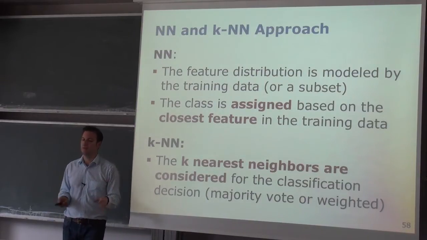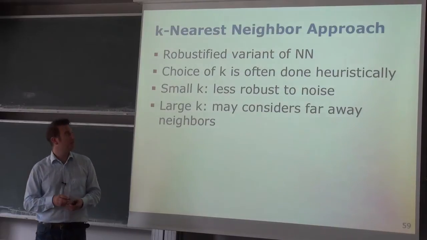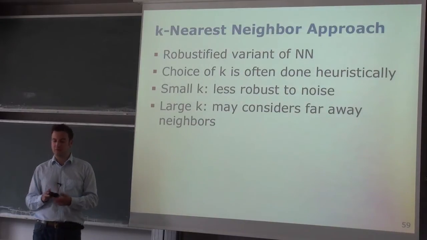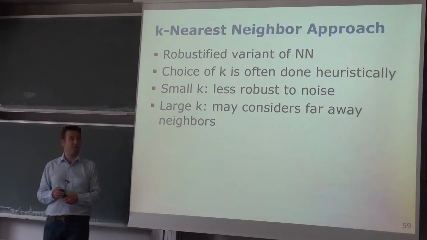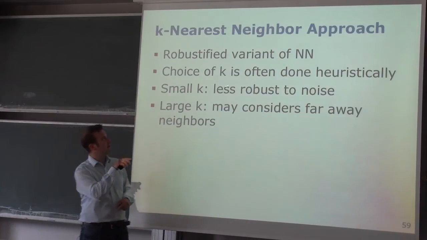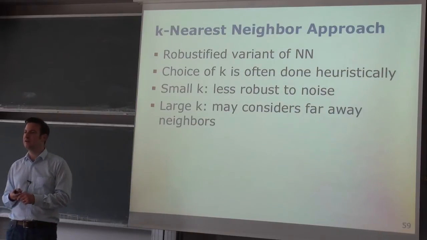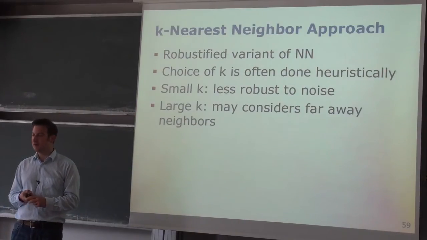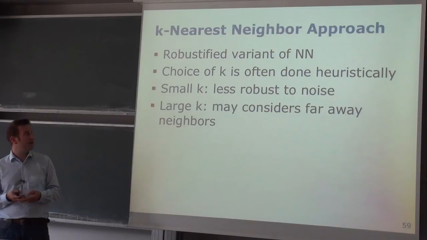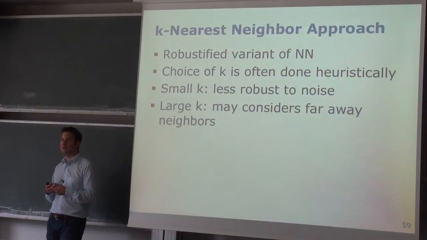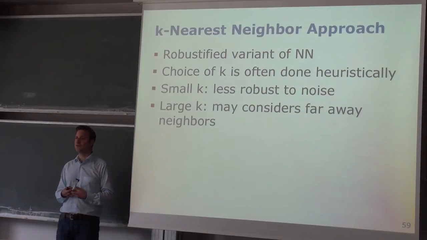That's it. It's more robust than the plain nearest neighbor, especially with respect to noise, but again, I have this magic parameter k: how many neighbors do I take into account? If k is very small, I'm less robust with respect to noise in my data.